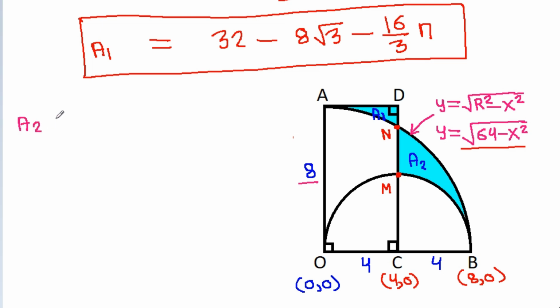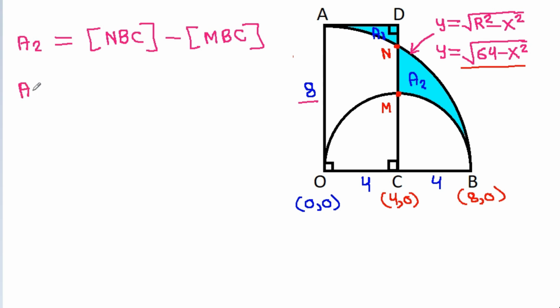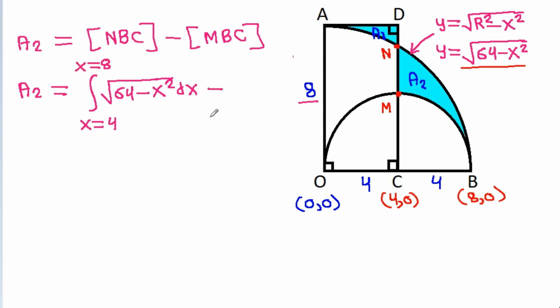Now A2 will be equal to area of NBC minus area of MBC. A2 is equal to area of NBC, which will be the integral where y is the square root of 64 minus x square dx, from x equals 4 to x equals 8, minus area of MBC.